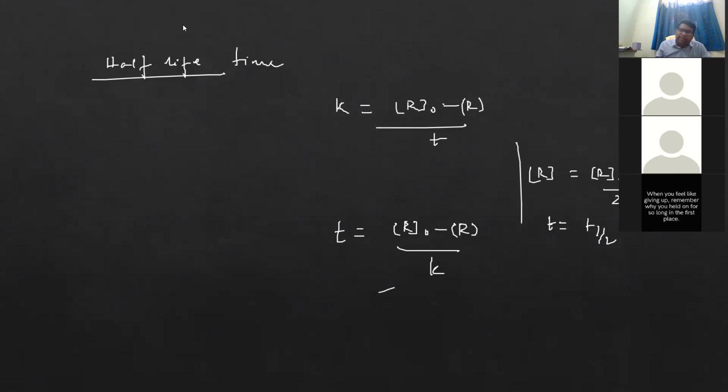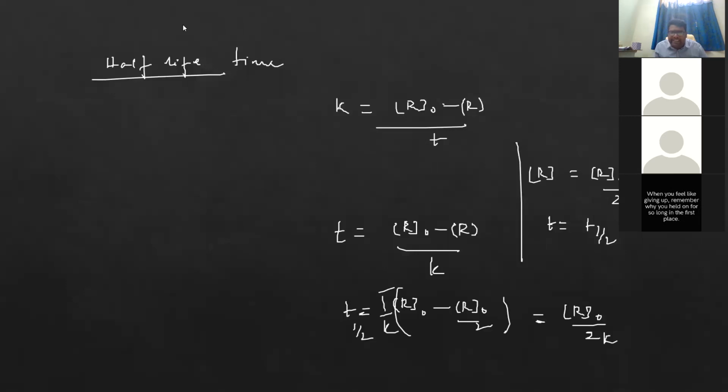If we substitute these values, t is equal to [R]0 minus [R]0 by 2, so [R]0 divided by 2, and 1 by k can be taken common. So t1/2 is equal to [R]0 divided by 2k. This is the half-life time of a zero order reaction.